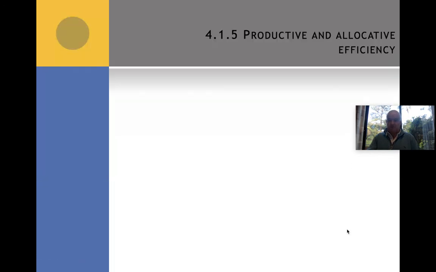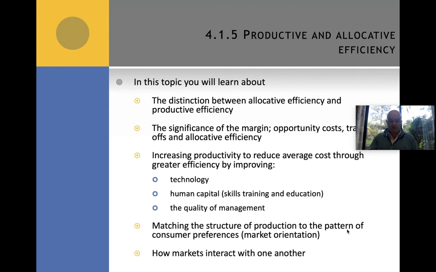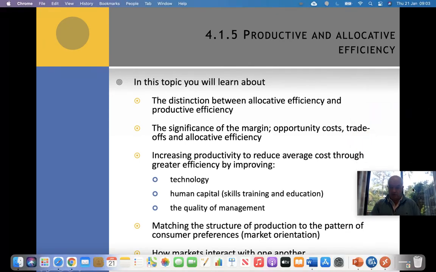So first and foremost, we're going to look at productive and allocative efficiency, okay? And the areas we're going to be looking at include the following. We're going to look at the distinction between allocative and productive efficiency. We're also going to look at the significance of the margin, and that will include opportunity cost, trade-offs and allocative efficiency. So we'll look at all three of those areas, and the fact that when we're talking about marginal cost and marginal revenue, how that might drive decision making.